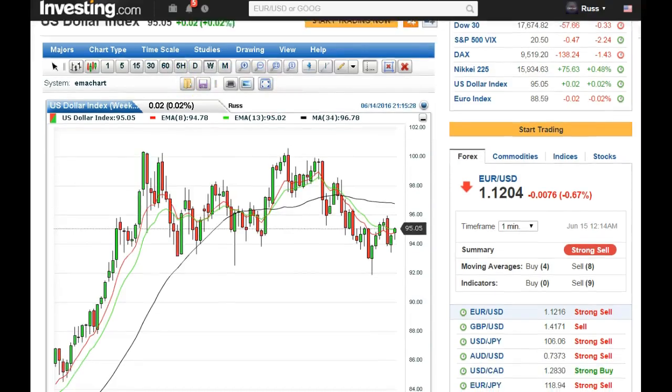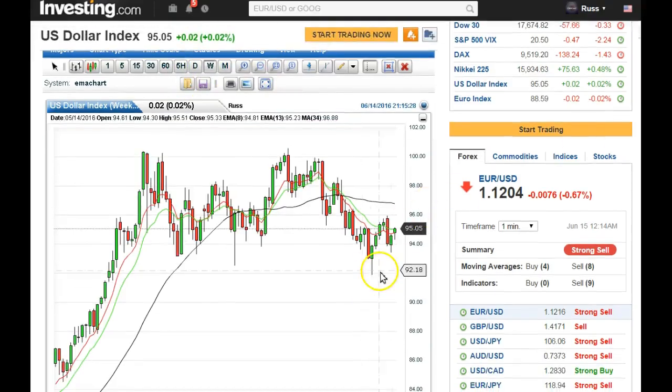Weekly so far, looks like we're a little bit bullish as we got higher lows and we're breaking into previous lows. Last line of resistance there at the 13. Looks like it might bust through from the higher low.